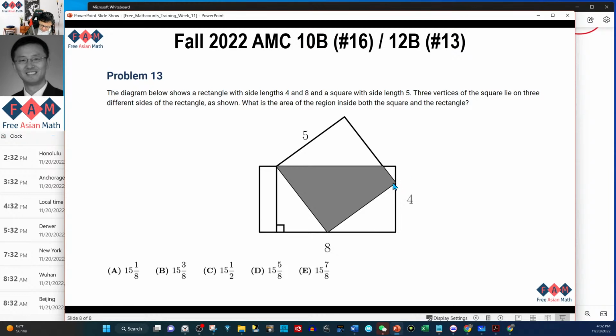And we were told that this rectangle is 4 by 8, so the height is already marked for you as 4. Therefore, the bottom is 8 here, and the square has side 5. It just makes a weird overlapping with the rectangle to create a shade like this. So what is the area of the shade?